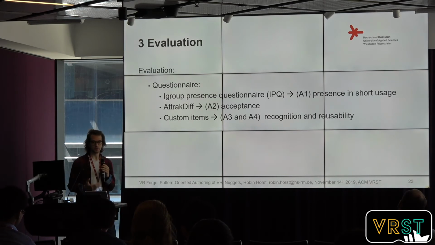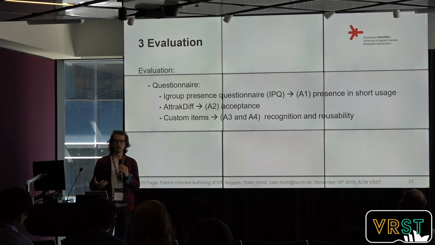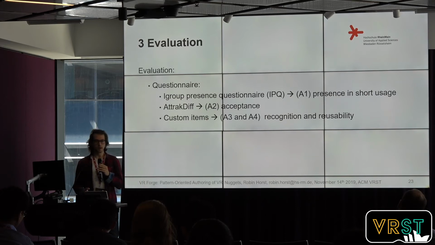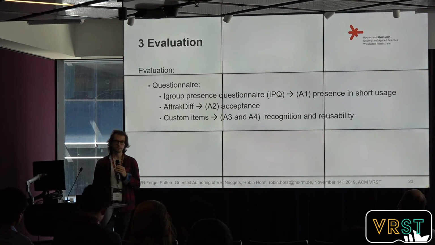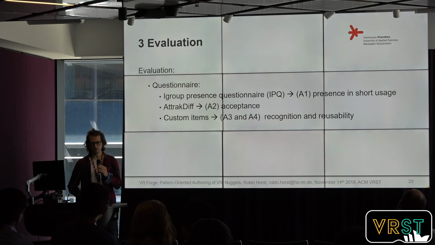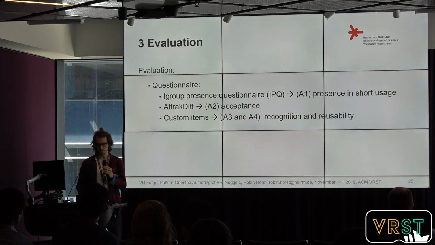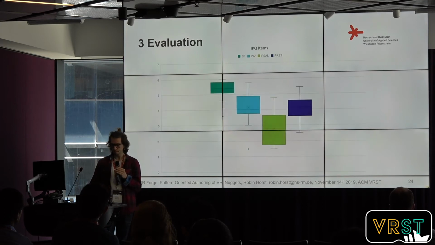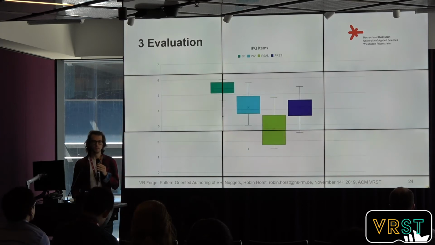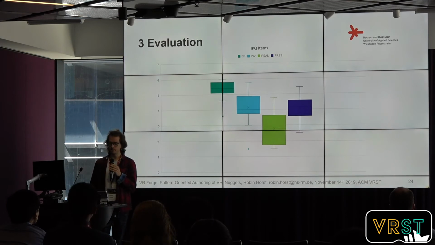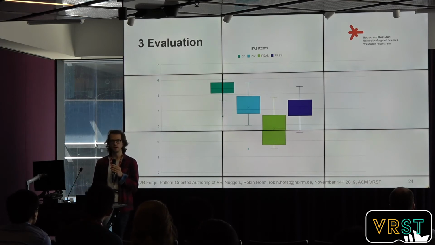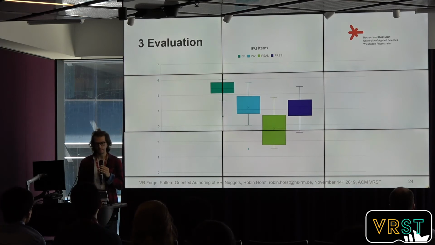Indications about the recognition and the reusability, so A3 and A4, were captured by 3 Likert and 3 semantic differential scale items that were used additionally to these 2 standardized questionnaires. Then we analyzed the outcome of the questionnaire, and here we see the outcome of the IPQ as box plots.